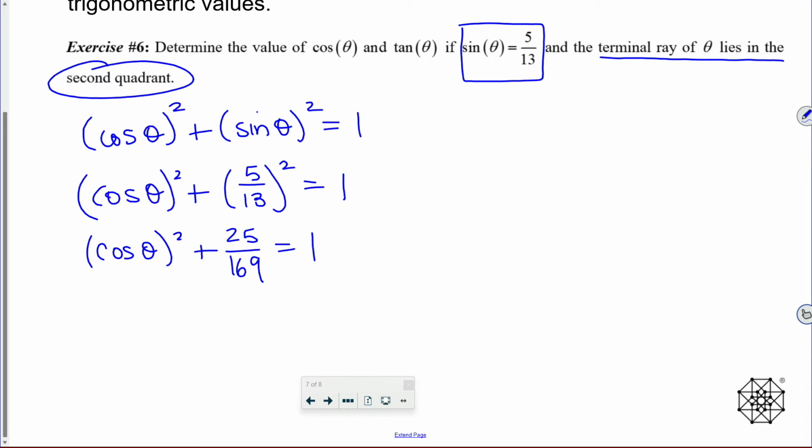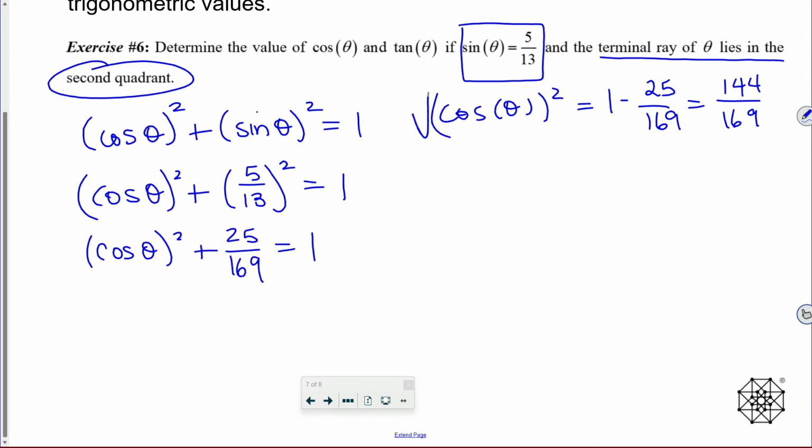Wow. Right? Now I can say cosine of theta squared, I'm being very inconsistent about those parentheses around the theta, I apologize for that, is 1 minus 25/169. And if you need to, you could do that subtraction on your calculator, but that's 144/169. Now I can take the square root of both sides, and I find that the cosine of theta is plus or minus 12/13.